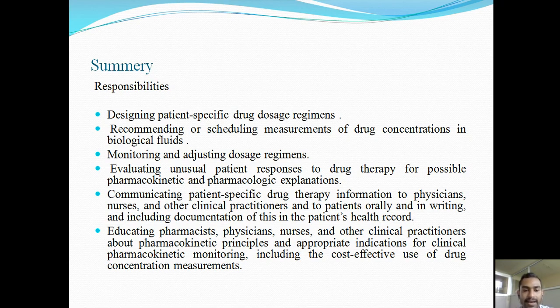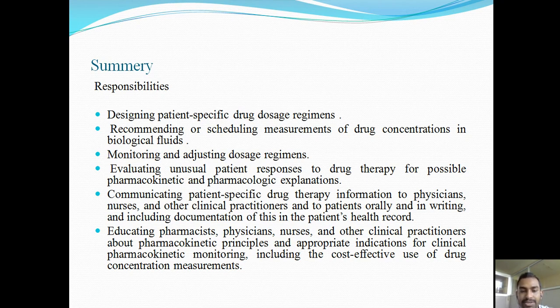So mainly the clinical pharmacists are involved in designing patient-specific drug dose regimens, then recommending or scheduling measurements of drug concentration in biological fluid, then monitoring and adjusting the dosage regimen.